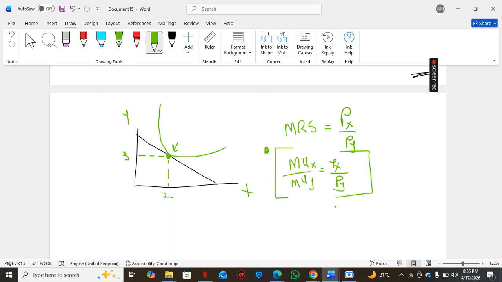Okay, when you hear optimal bundle, it just means the combination of good X and good Y that will give you the most satisfaction. Yes, optimal bundle.